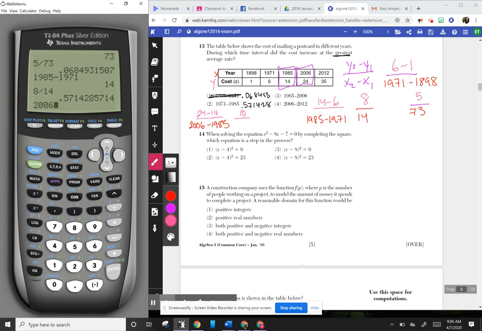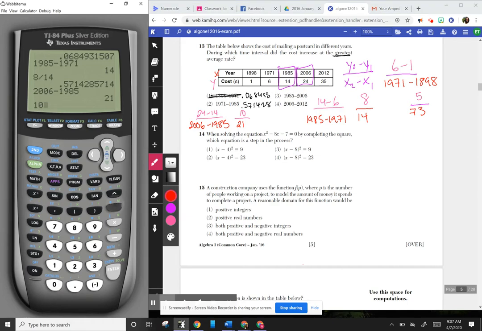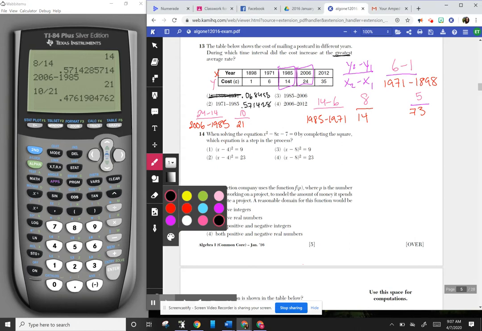And 2006 minus 1985 is a difference of 21 years. And 10 divided by 21 equals 0.47619. So again, 2 is still larger, so it can't be 3.